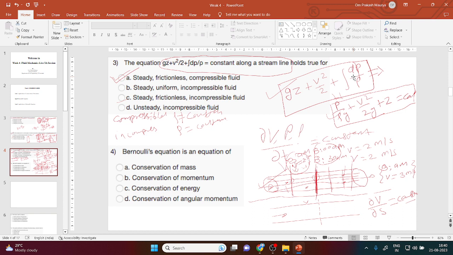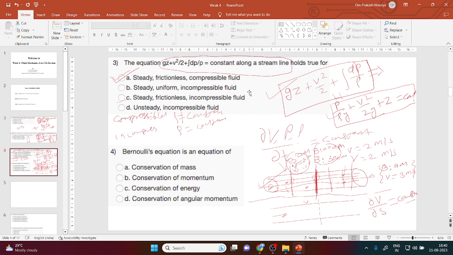First, you need to tell that I am going to write this Bernoulli equation under this assumption. Before writing the Bernoulli equation, you just write the assumption. If the assumption is steady, frictionless, and incompressible, then you can write this equation: P by rho g plus V square by 2g plus z.